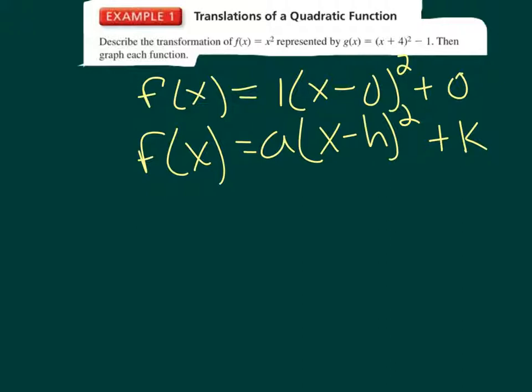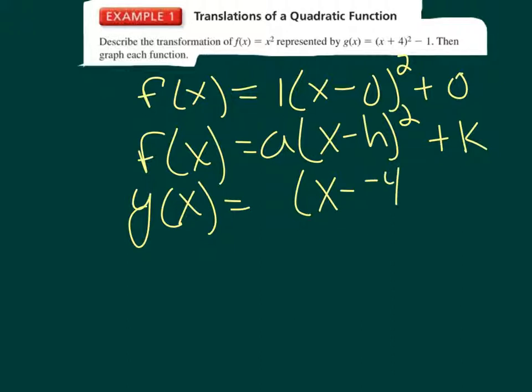So let's go ahead and write the g of x out. You have g of x equals x minus -4 squared minus 1. And we don't have an a value, so we'll just call it 1. So let's look at these shifts. Well, what are my shifts? If you notice, you really can look at the vertex. Well, what's the vertex? Here's the vertex.